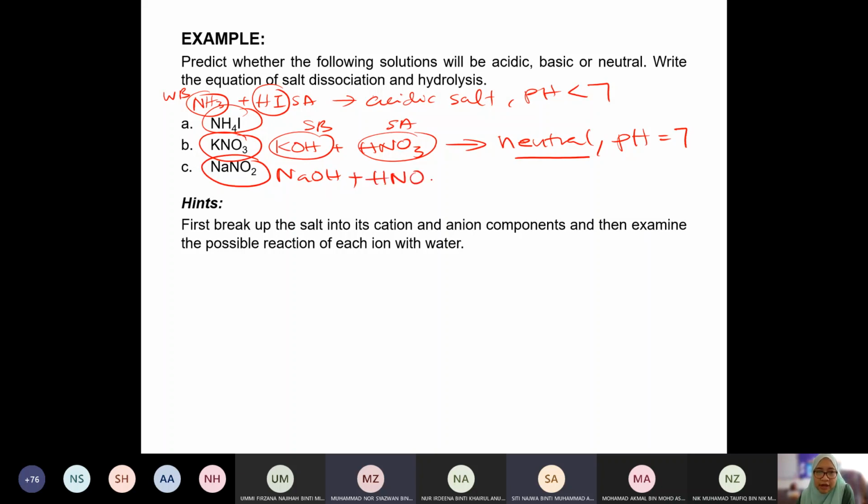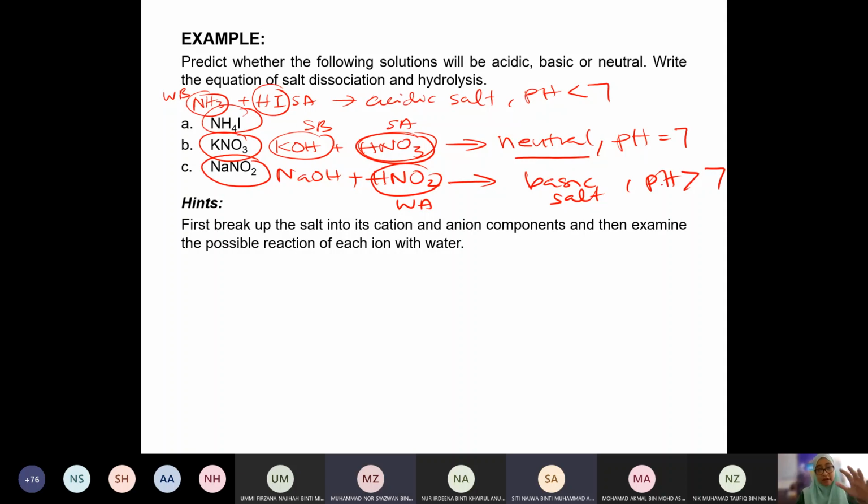Don't get confused: we have HNO2 and then we have HNO3. This one is HNO3, a strong acid, but this one is a weak acid. So this one will produce a salt that is basic. The pH should be more than 7.